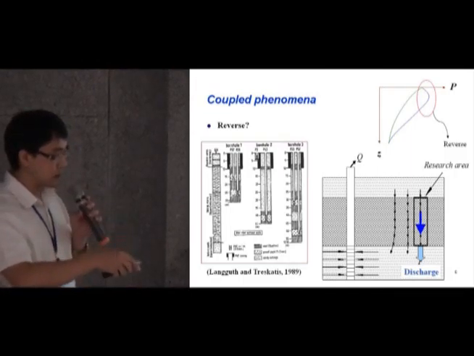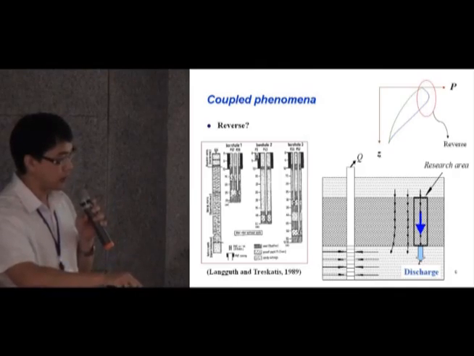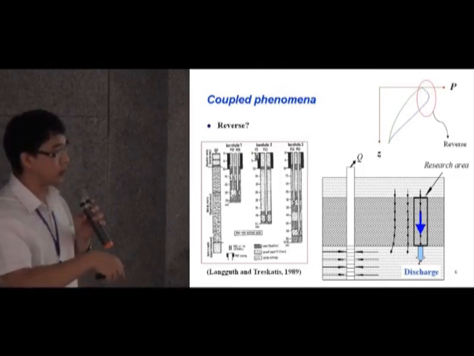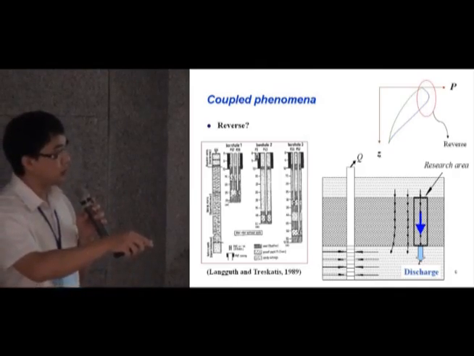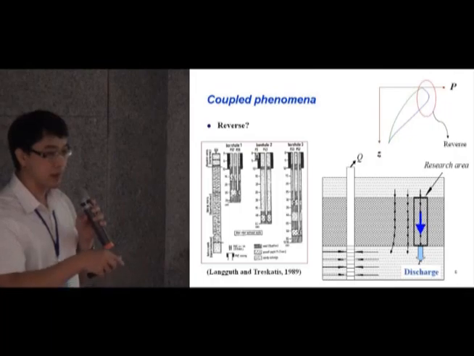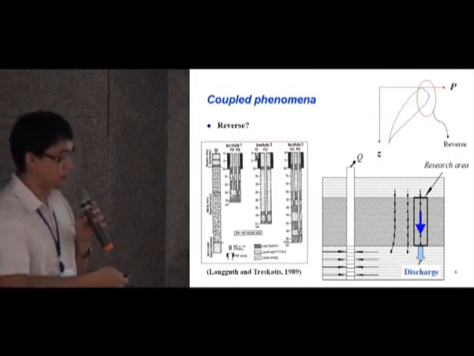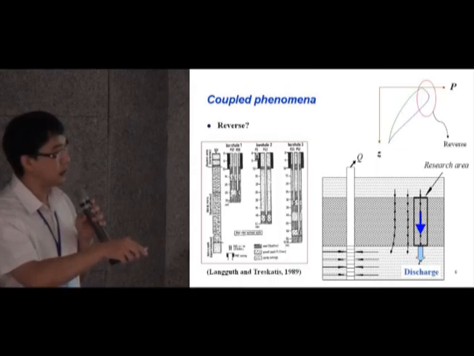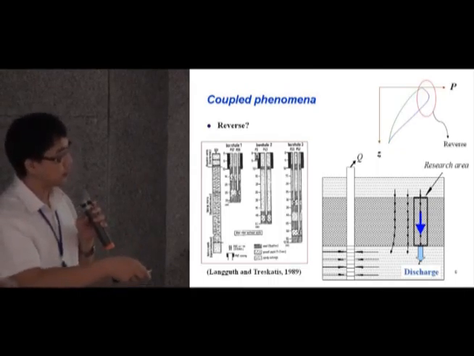So if we see this area, we can expect that the water pressure versus depth should be just like this one, a continuous decrease. However, from the observation of the pumping test, you can see some places have a larger or increased water pressure, like this one.